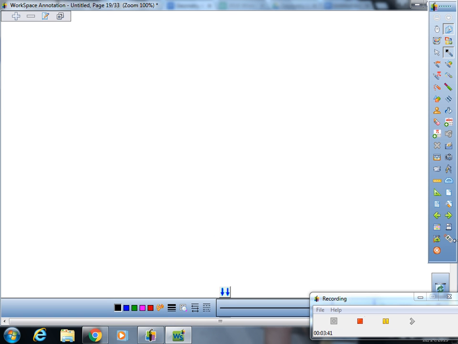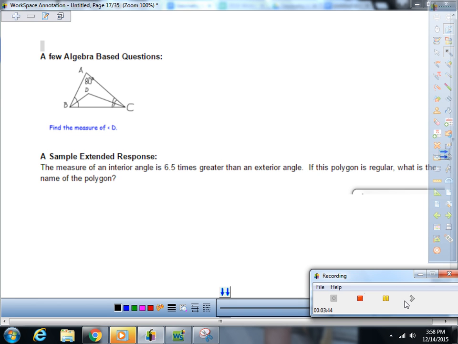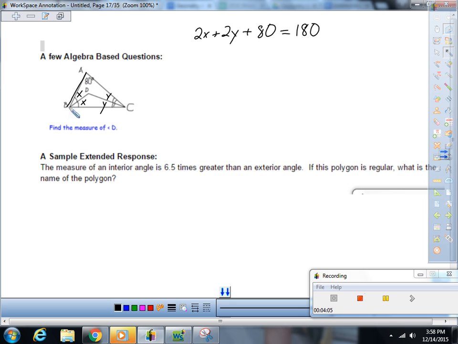Okay, so we can call this angle X, and that makes that angle X. We can call that angle Y, and that makes that angle Y. I know that 2X plus 2Y plus 80 is equal to the sum of the angles in the big triangle ABC.